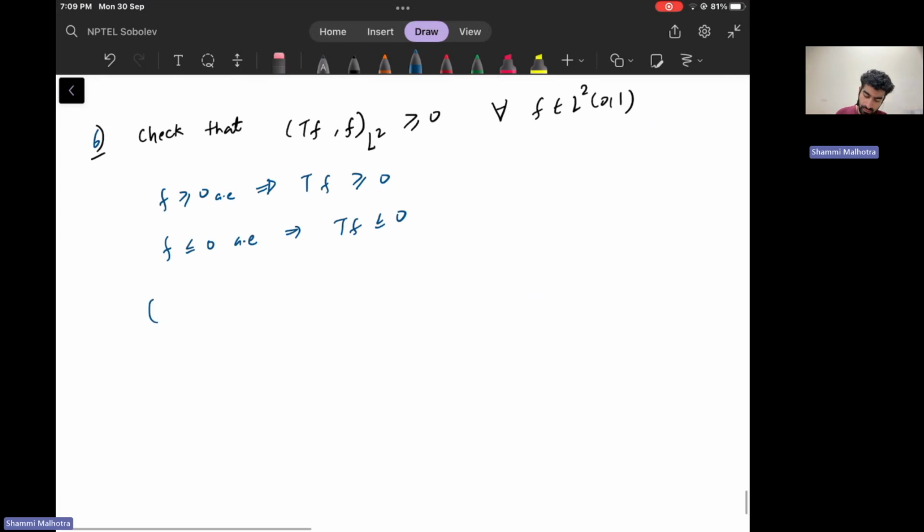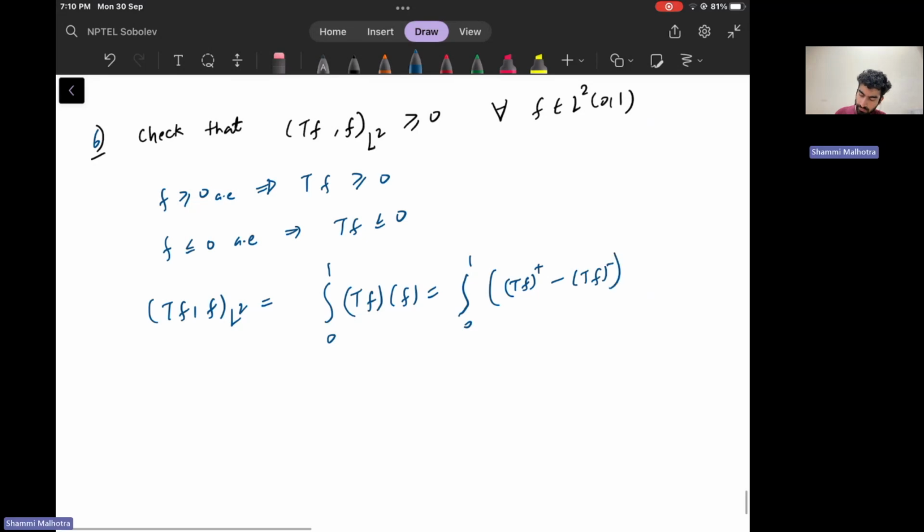So what this basically implies is that if we consider (Tf, f) in L2, this is the integral from 0 to 1 of Tf times f, but then this can be written as the positive part minus the negative part.